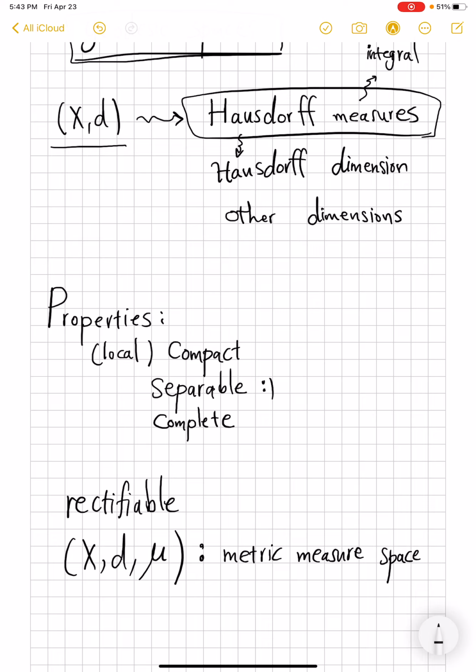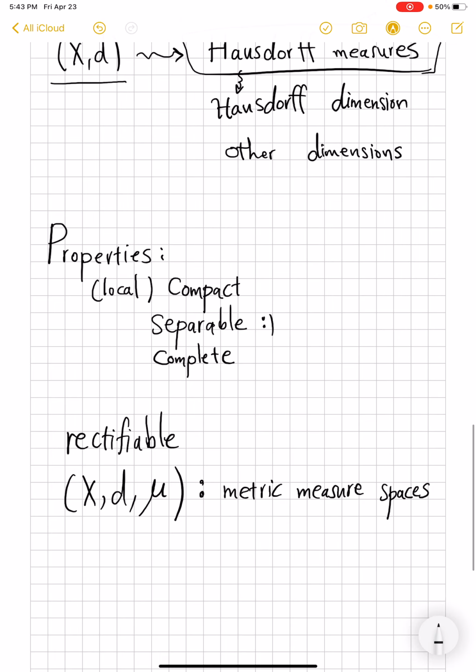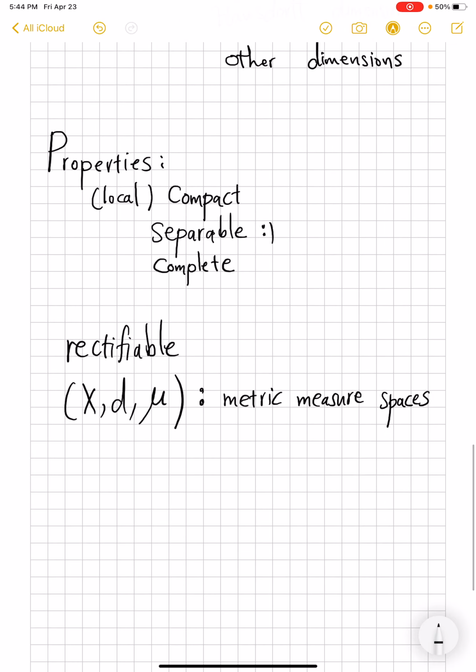Actually, when they say analysis on metric spaces, they implicitly mean analysis on a metric measure space, because without the measure you cannot talk about Sobolev spaces, and there isn't much analysis that you can do, except for the notions of rectifiability, which do not require measures other than the Hausdorff measure.